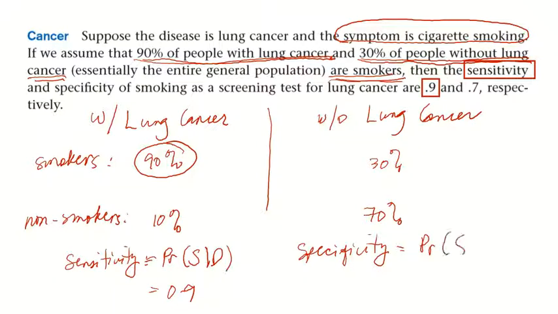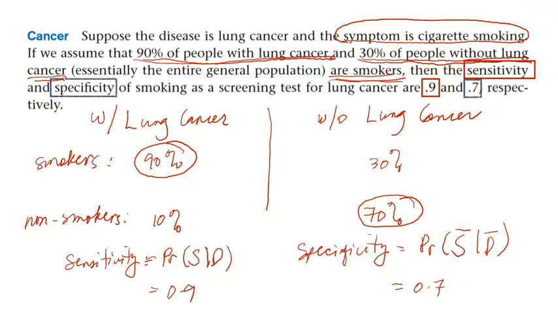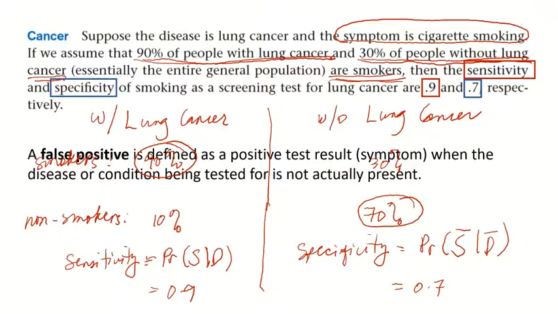Remember, specificity is the probability of not having the symptom given that there's also no disease. Now, which among these numbers is that? No symptom, meaning non-smoker, and then no disease, without lung cancer. Exactly, this 70%. So that's our specificity. So this is very important. Your work will be much simpler if you divide the population first into two main groups.